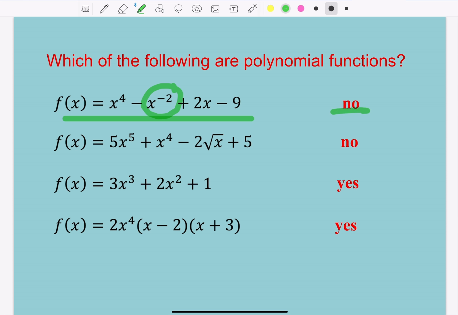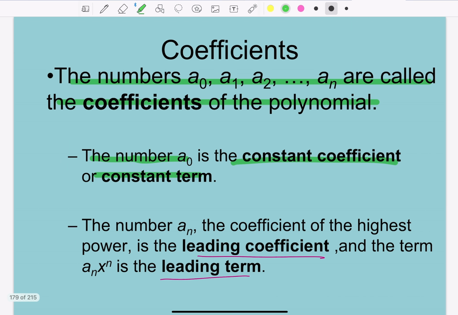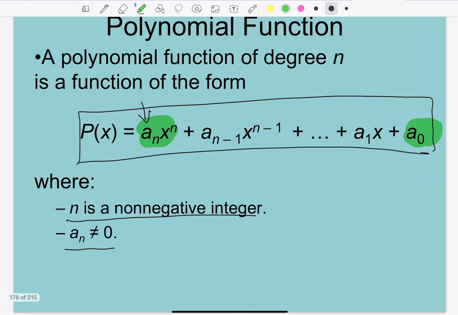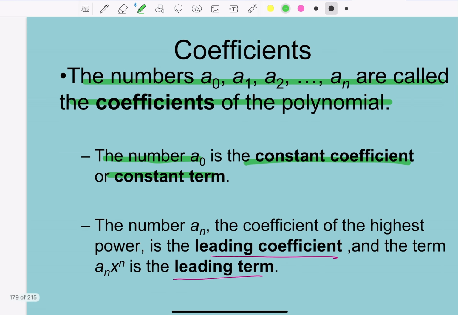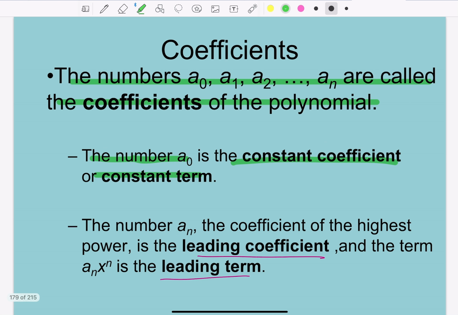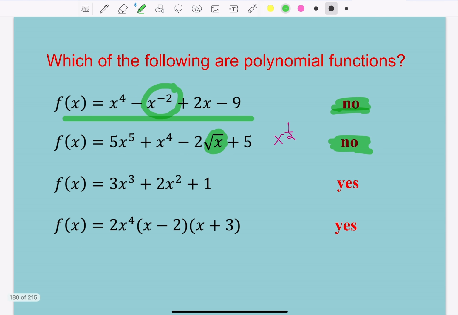Second one, again, we have a radical exponent because it's the same thing as x to the power 1/2. That's not a polynomial, because when we define polynomial, we did say that n has to be a non-negative integer. It cannot be a radical, and it has to be positive. It could be 0, which is for the constant term.